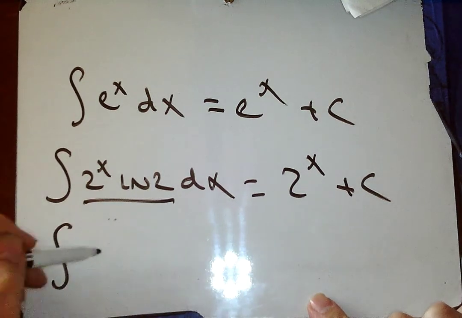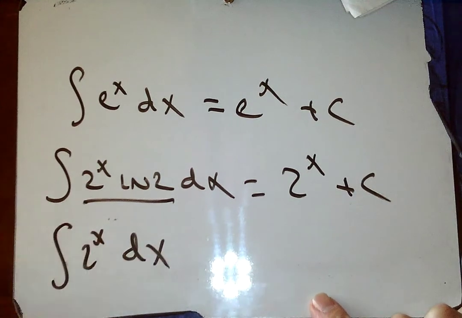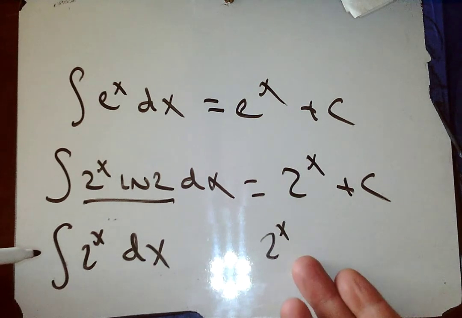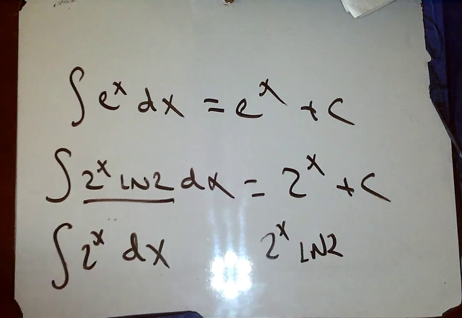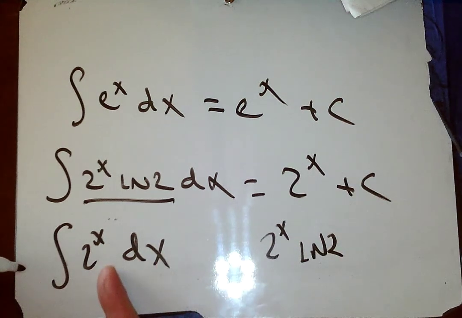Okay, so what if I see this? See, I can't use that power rule here. You're someone's derivative. Whose derivative are you? Are you 2 to the x's derivative? Well, if I take the derivative of 2 to the x, I end up with 2 to the x ln 2. But there's no ln of 2 here.